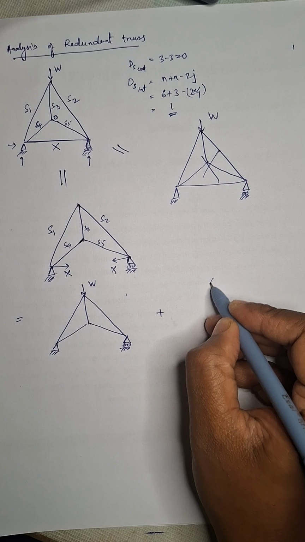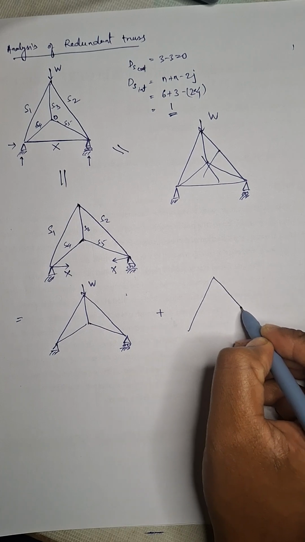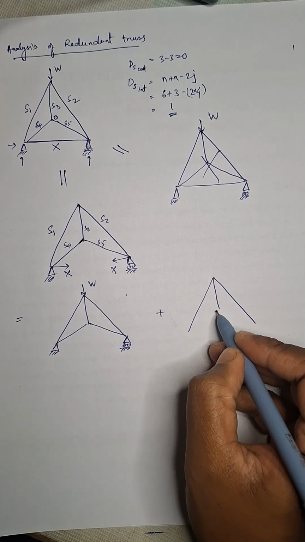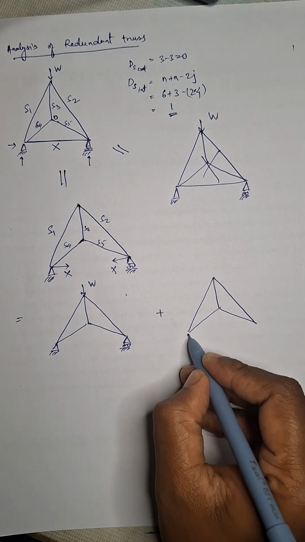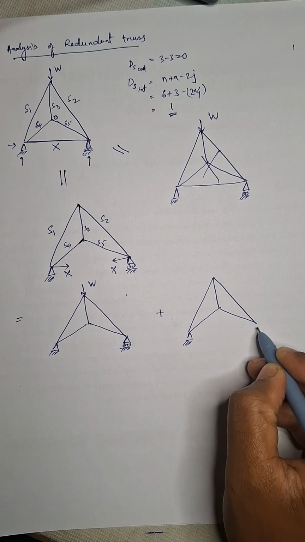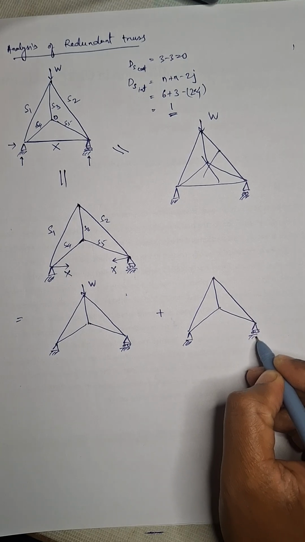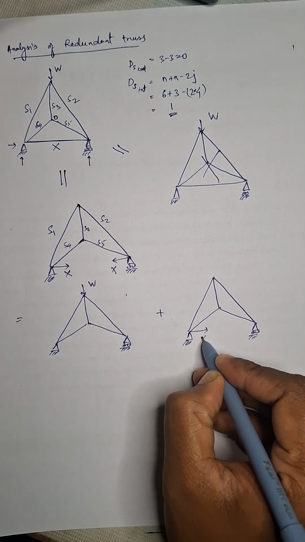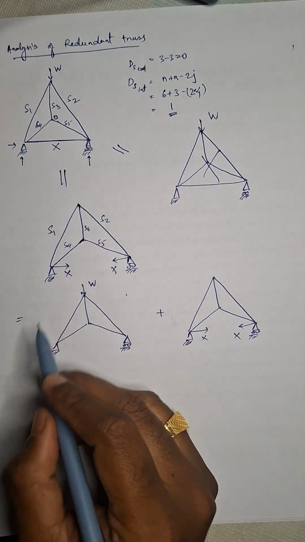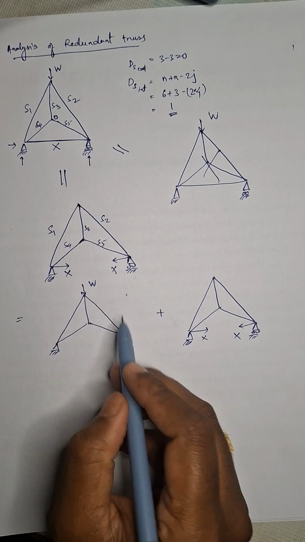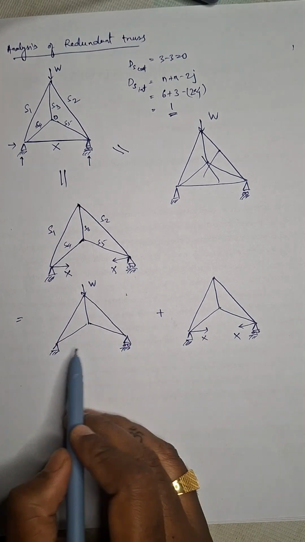So this can also be written as this plus another system, like this. There will be no external loading in this system, so only there will be the member forces X and X. Now due to this external loading system, the member forces can be found out as this member is removed.